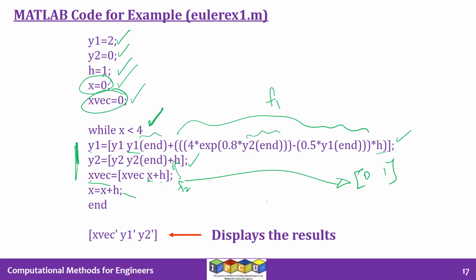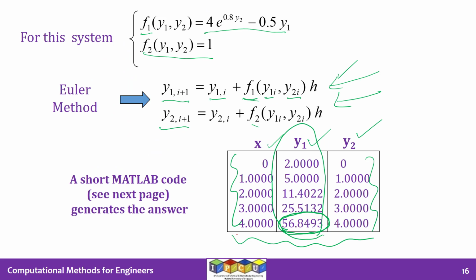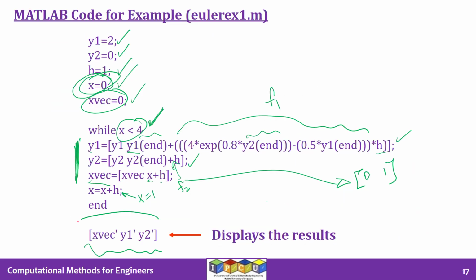Once it does this loop once, the new value of x is going to be equal to the old value of x, which is 0, plus h, h is 1. So now x will be equal to 1. Now 1 is less than 4, therefore these statements will execute again, and so on. And once this loop is over, I'm asking it to display the results, and that's what you see here. So this output comes because of this.